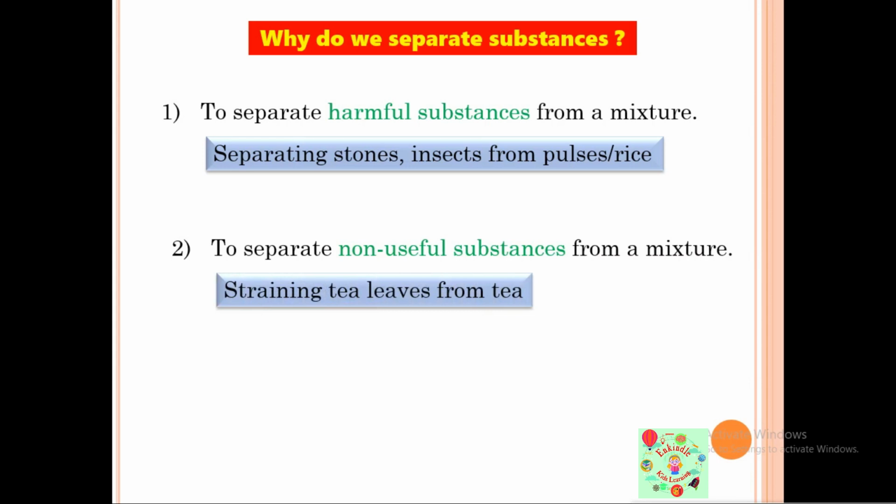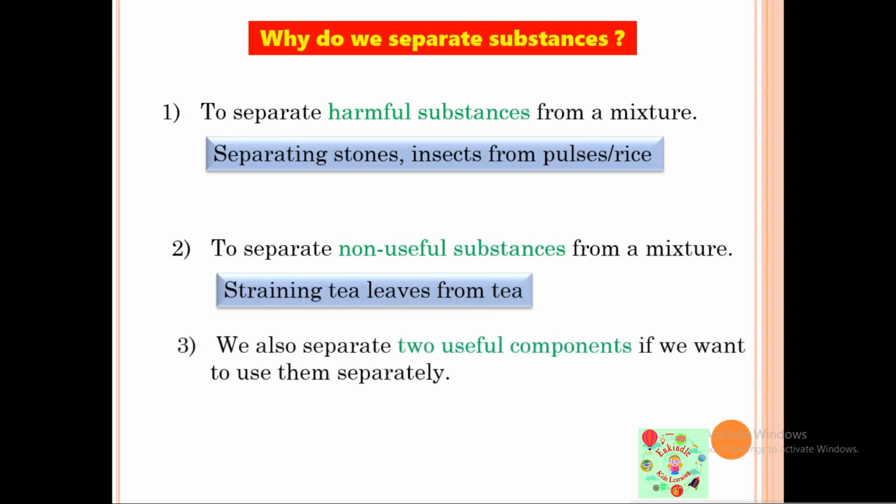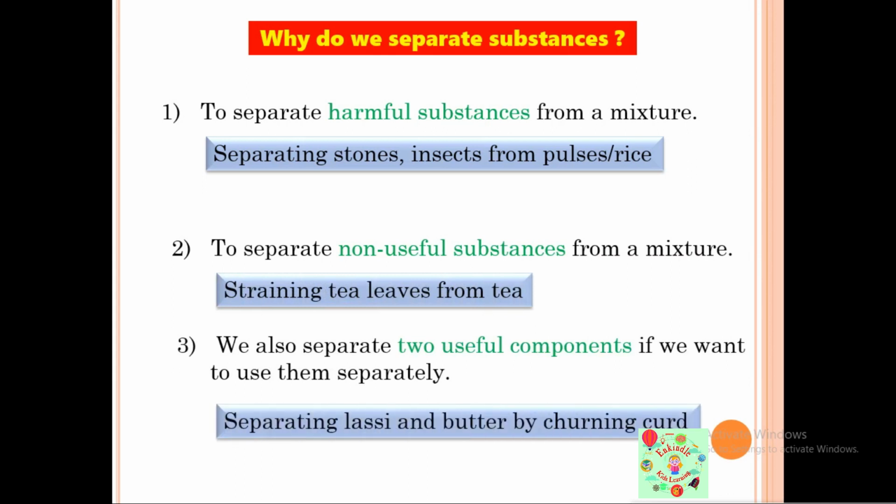We already saw this. Next, we also separate two useful components if we want to use them separately. For example, separating lassi and butter by churning curd. So, these are the three reasons why we have to separate substances.